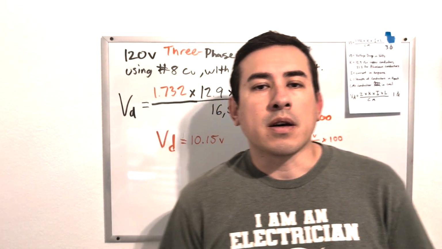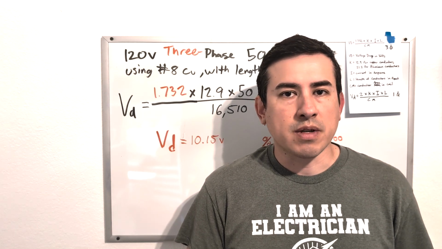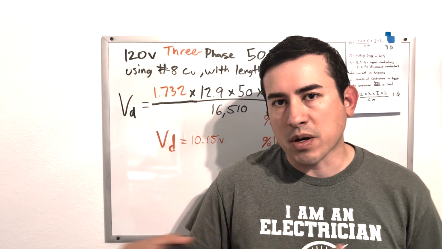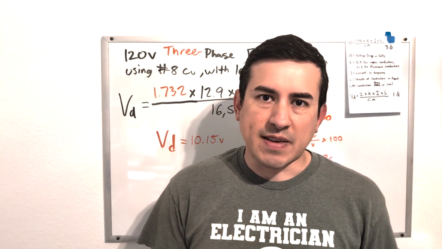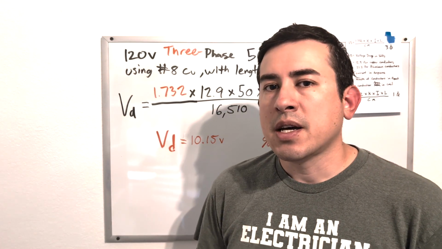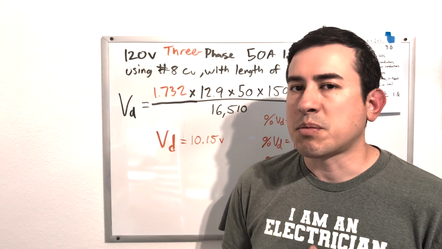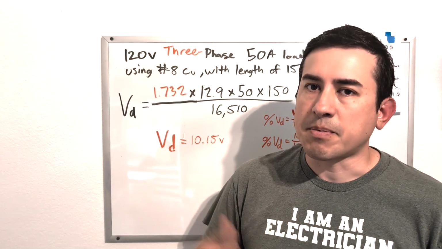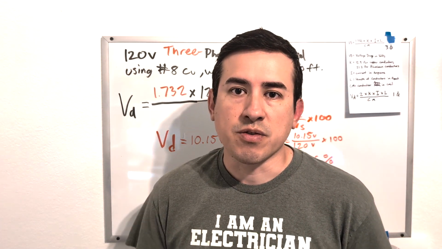So again, we're still exceeding the 3% threshold, even if this was like the full combined length of the feeder and the branch circuit. We're exceeding that 5%. So this number 8 wire supplying this 50 amp circuit would be too small. So we would have to upsize it to a larger size to accommodate for the voltage drop.